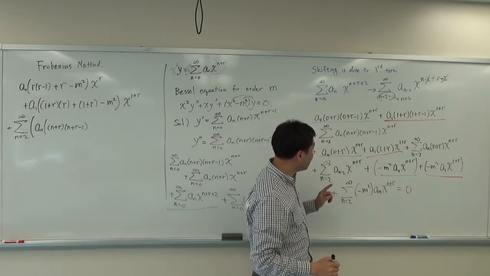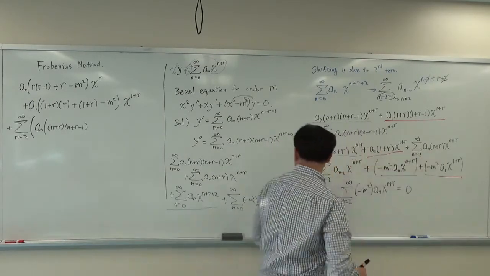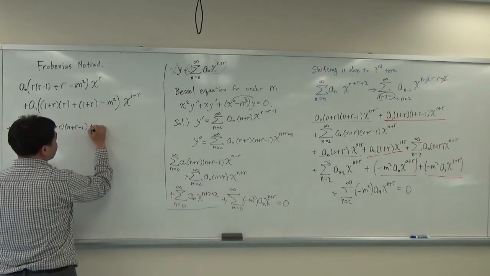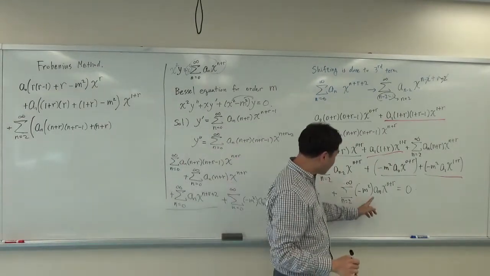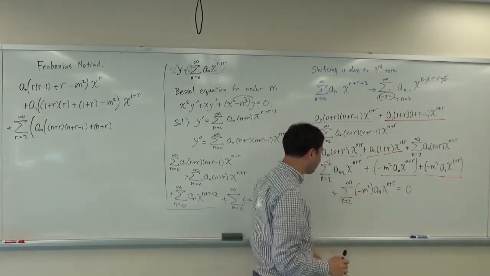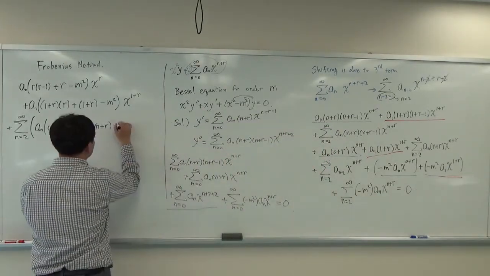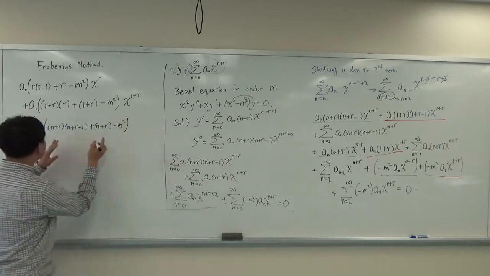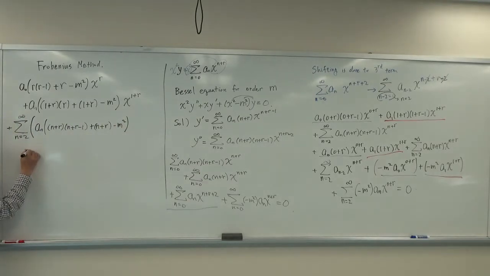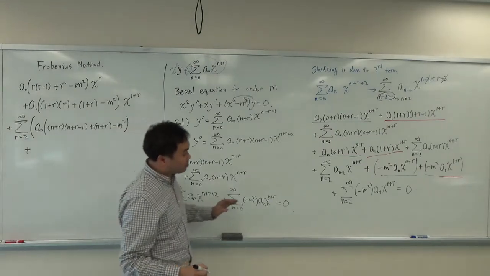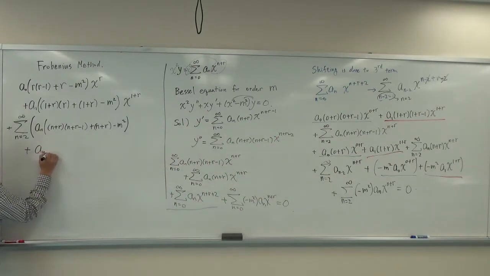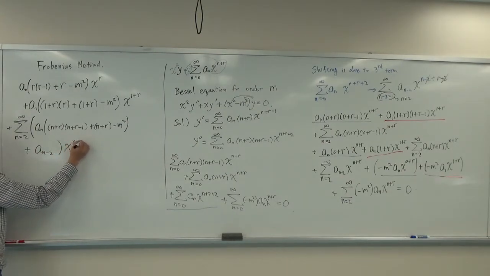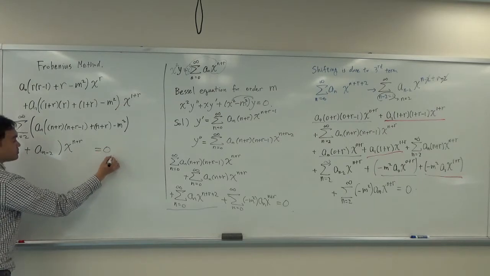And then the next one is here, n plus r, plus n plus r. And then the last one here has minus m squared. These are the ones with a_n, but there's another one with a_(n minus 2). It's this one, right? So there's a_(n minus 2) times x to the n plus r, and all of it has to equal 0.